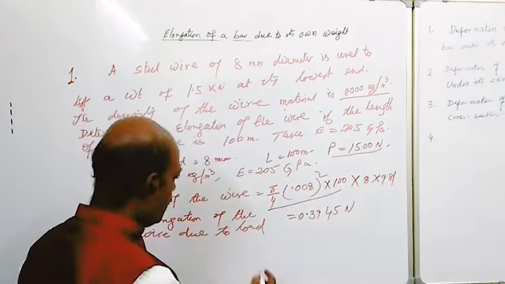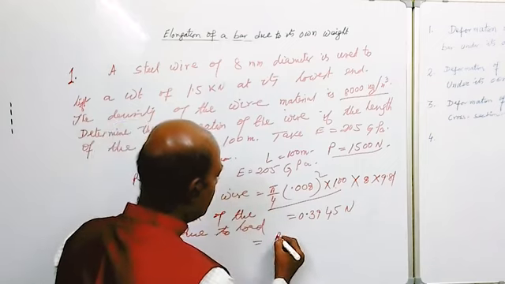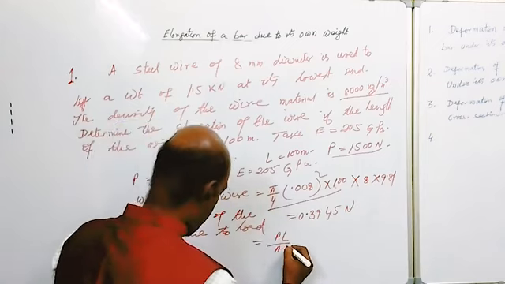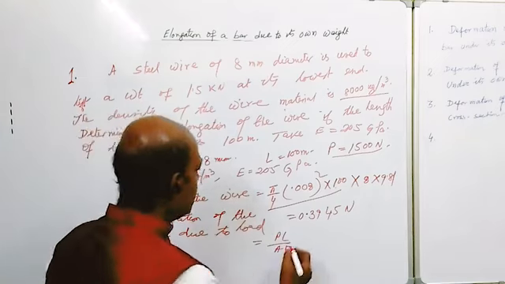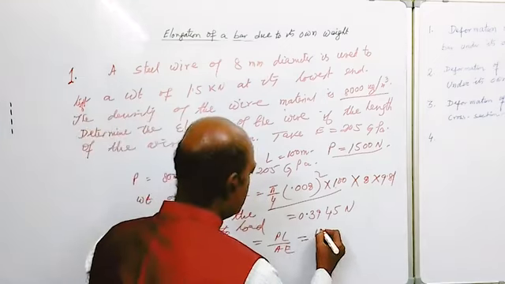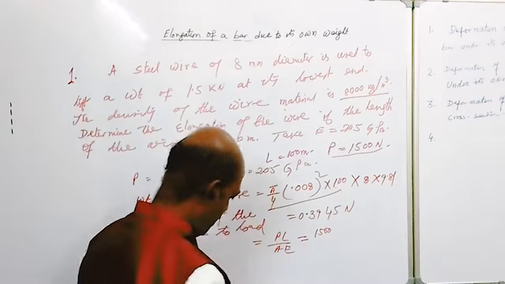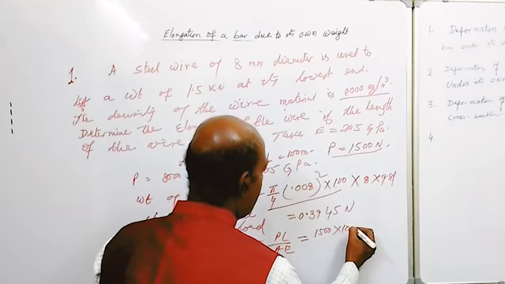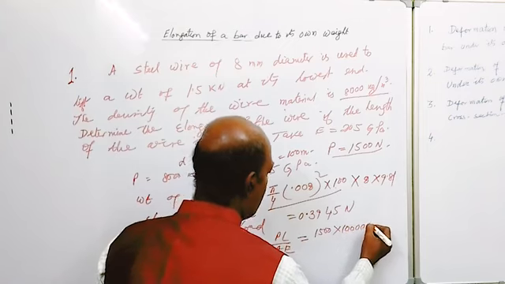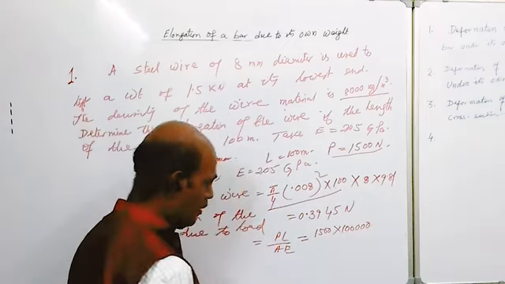So that formula is P into L by A into E. What is that P value? P value is 1500. L in millimeter is 100 meter into 1000, that is in millimeter.